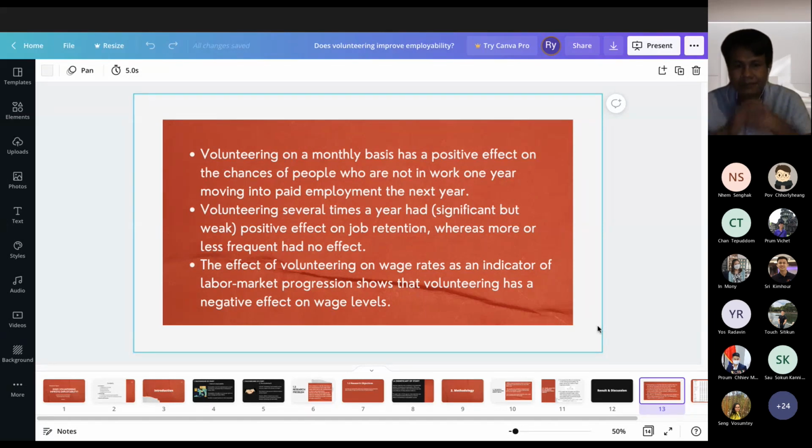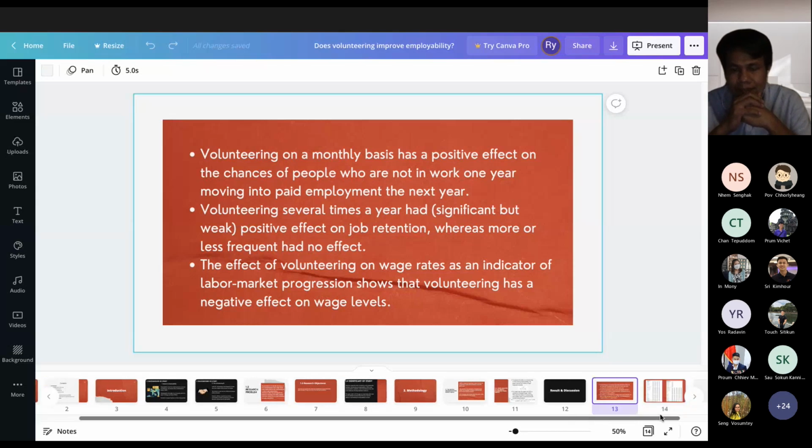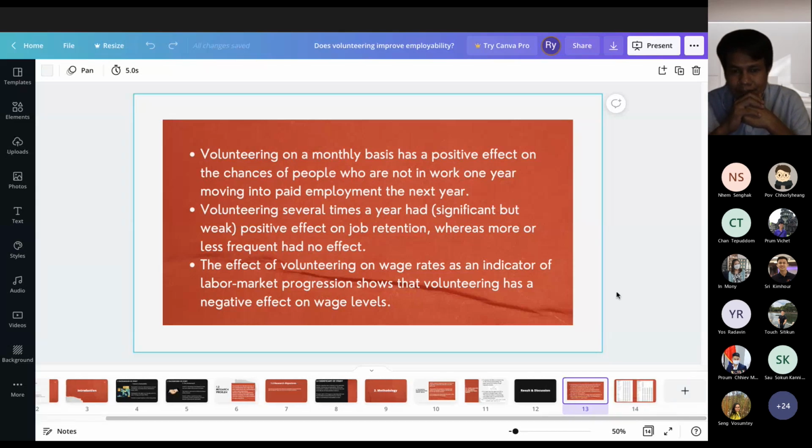As for ages 16 to 25, it had no positive effect no matter how much they volunteered. It is also seen that volunteering several times a year had a significant but slightly positive effect on job retention, whereas more or less frequent volunteering had no effect.